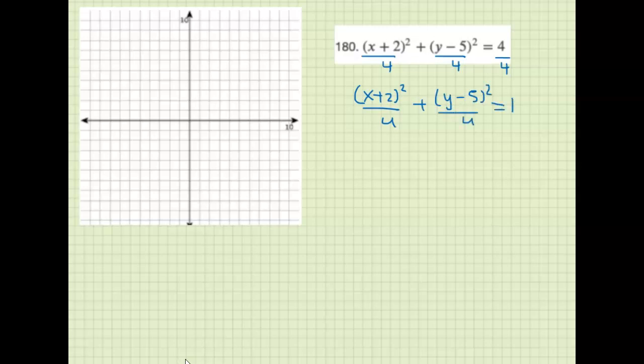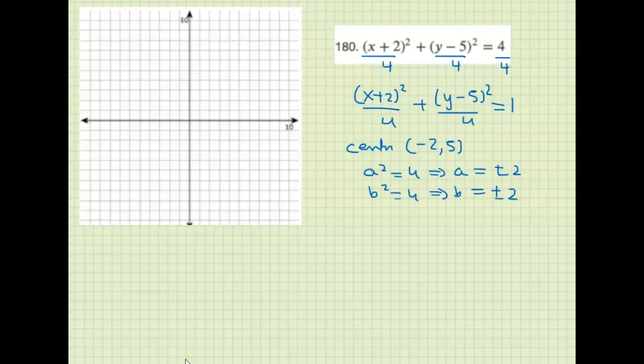A circle is just an ellipse that has equal horizontal and vertical radii. Okay, so the center is at (-2, 5). a squared is 4, so a is plus or minus 2. b squared is 4, so b is plus or minus 2.